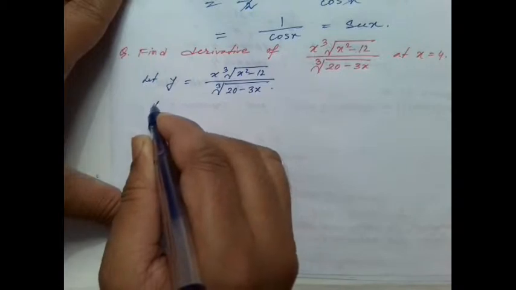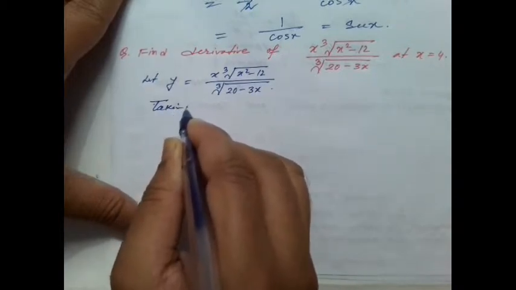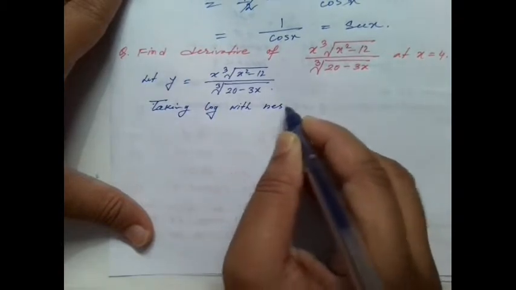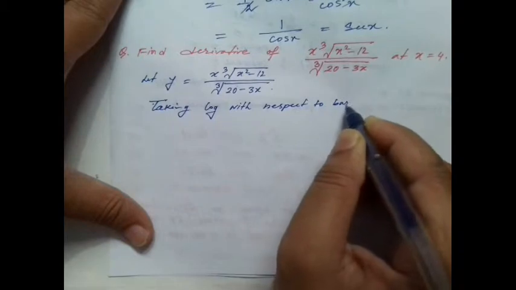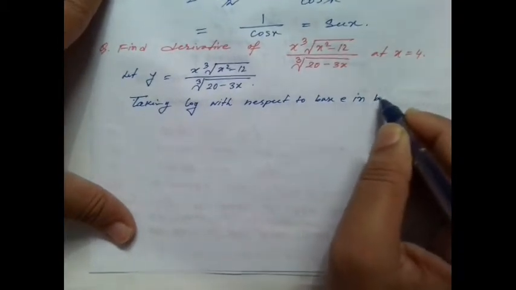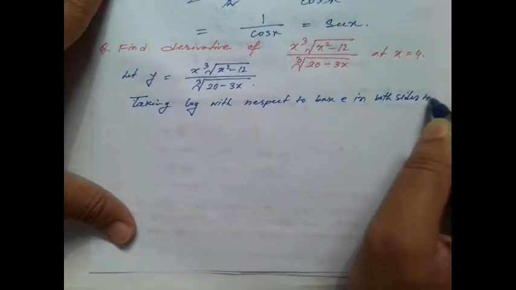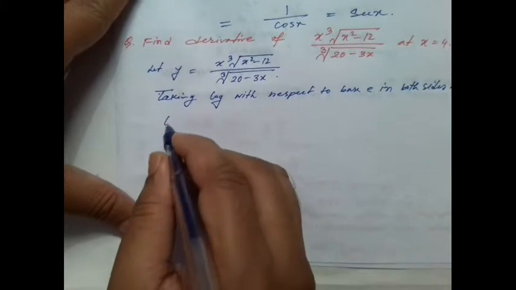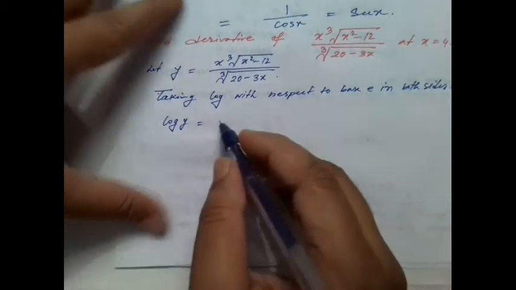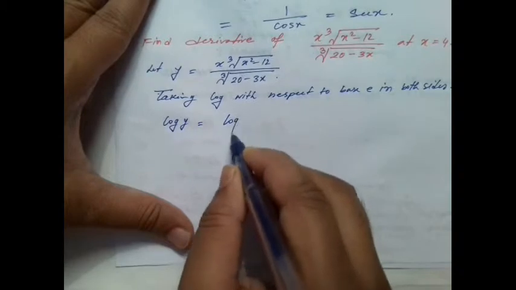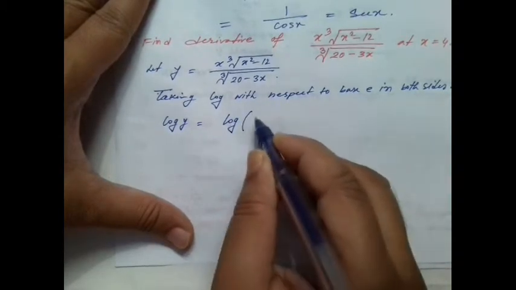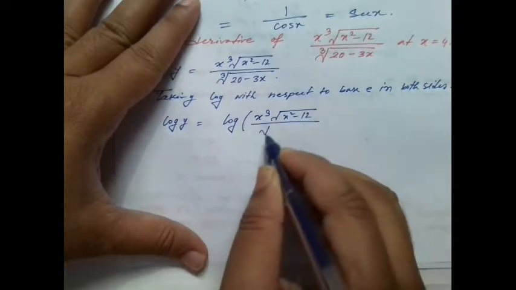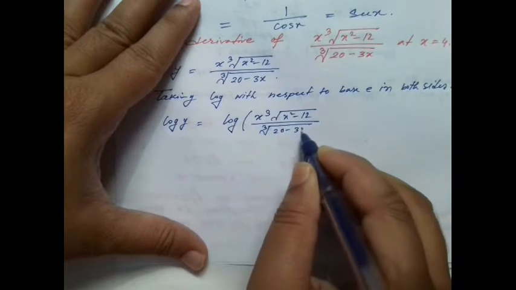So I have to write, taking log with respect to base e on both sides, we get, okay, so log y equals log of this function x cube root of x square minus 12 by cube root of 20 minus 3x.